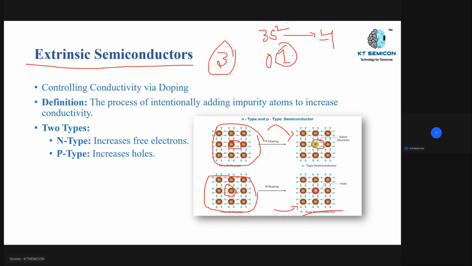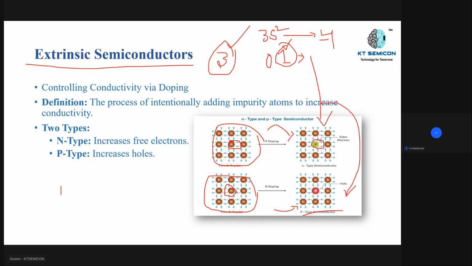So when we add trivalent impurities to the pure silicon crystal, we get one extra hole in the outermost shell. By combining all these holes, we get a majority of holes in the silicon crystal, and then it acts as a p-type semiconductor.